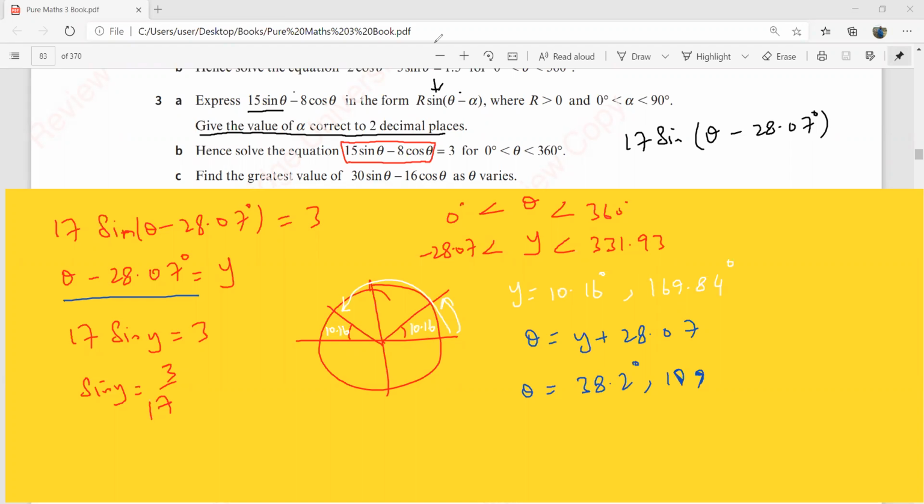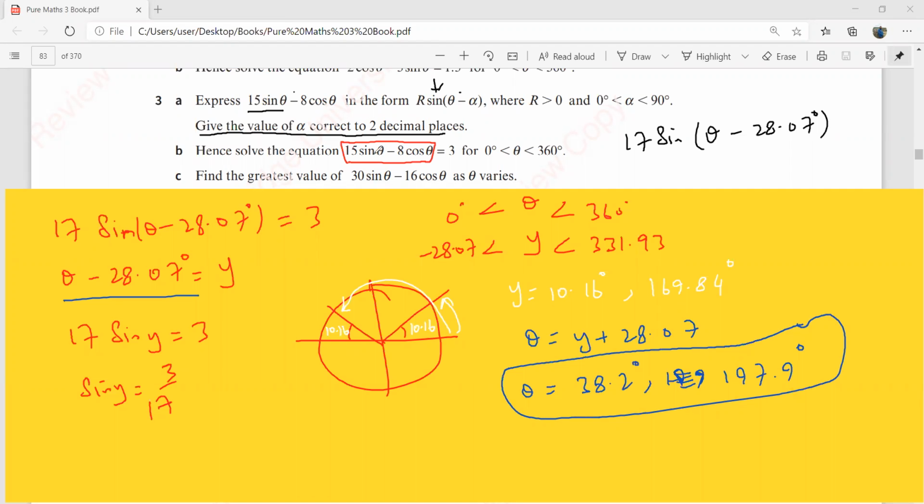Okay, so these are the two solutions for this equation.